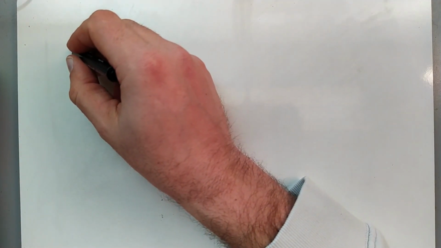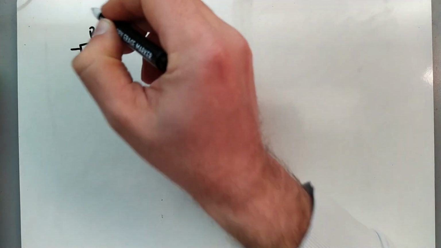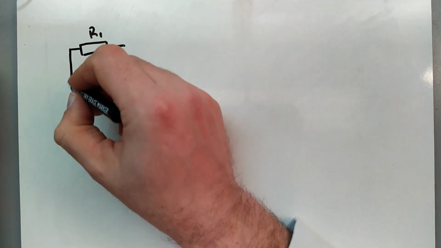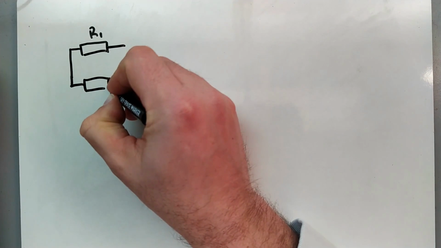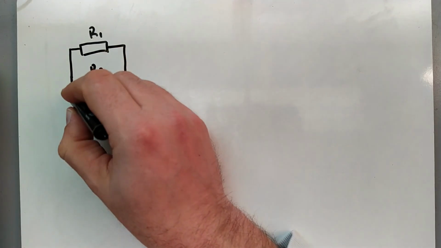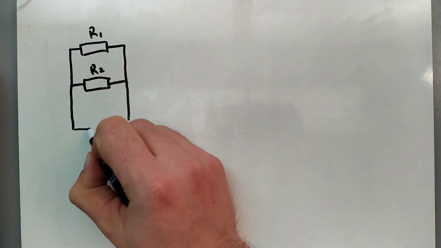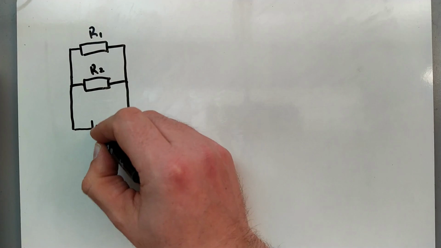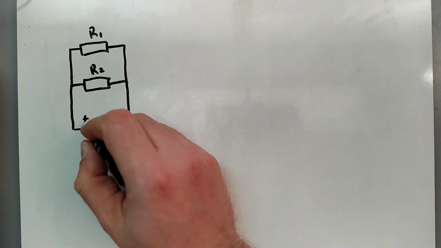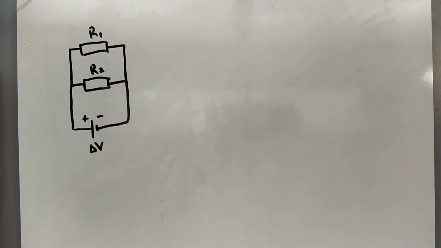So we have resistor 1, R1, then we have second resistor, R2, and they are connected in parallel to each other, and both of them are connected to power supply, DC power supply, with some voltage, like potential difference between the terminals of the power supply, delta V.